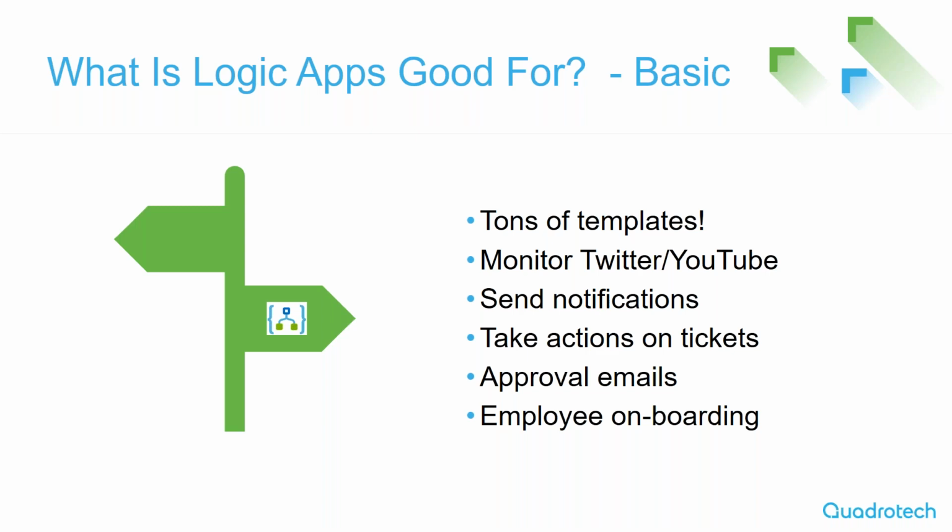Maybe if you're in a small organization, you're trying to build your onboarding workflow, and you may not want that to just go off. So maybe a manager files a request to start a new employee, and then HR has to approve it. Once it's approved, it would kick off creating the account and doing all the provisioning that you need to do. Things like that. A really cool template that's part of Logic Apps. And again, employee onboarding is a really good example.